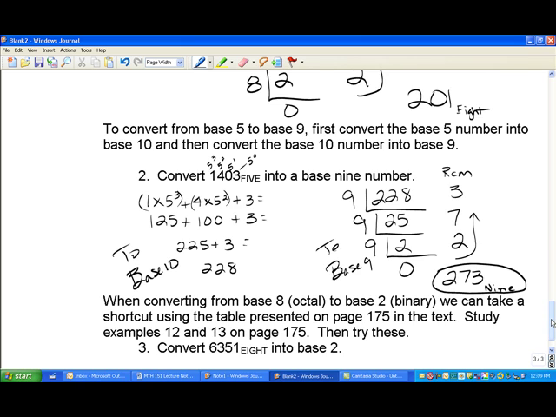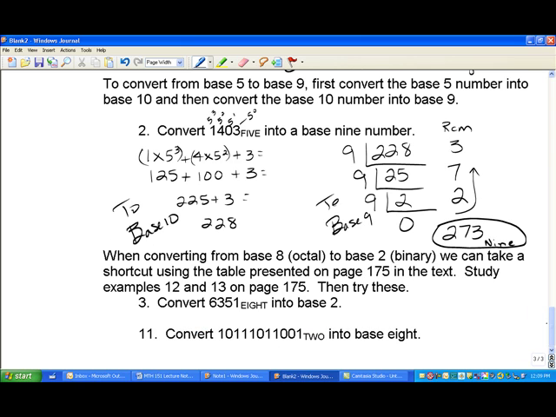Now, when you're converting from octal, or base 8, to base 2, we actually can take a shortcut. In the textbook, it's the last two columns on page 185.